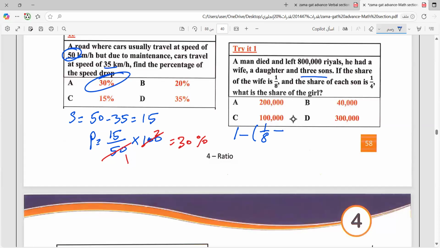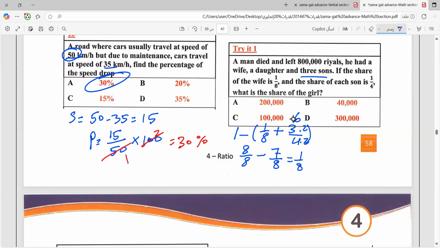So plus 3 over 4, because we have 3 sons. Then we subtract. We make the same denominator, multiplying by 2: 8 over 8. And here you multiply by 2, so it will be 6. 1 plus 6 is 7 over 8.